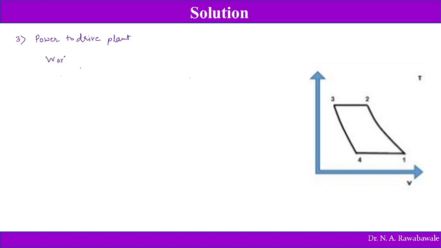Generally we write work done is equal to Q23 minus Q41. This is nothing but Cp (T2 minus T3) minus Cp (T1 minus T4). So this is work done.